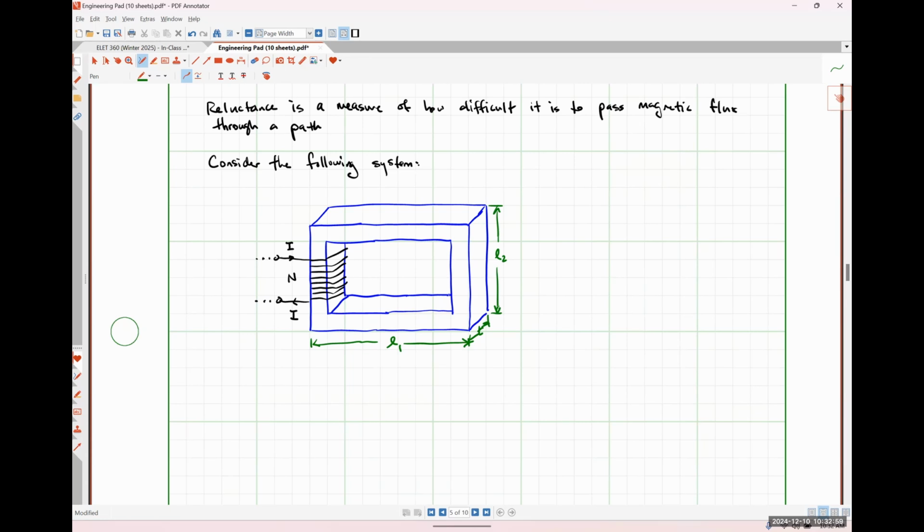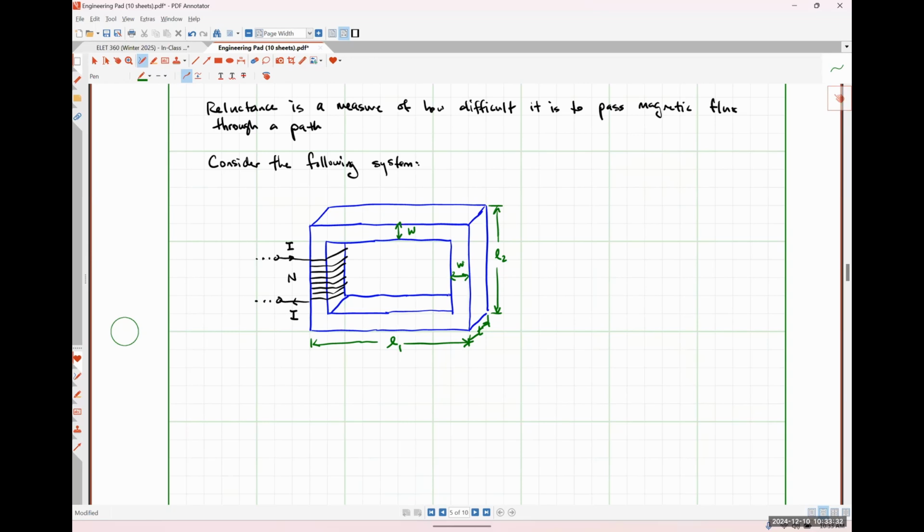And then we have some uniform width. So let's call this W, and this dimension is also the exact same width. So I believe I have identified all of the dimensions that are necessary for this particular core shape and coil. What's that length in the bottom right? T, the thickness or the depth of the material into or out of the page, right?